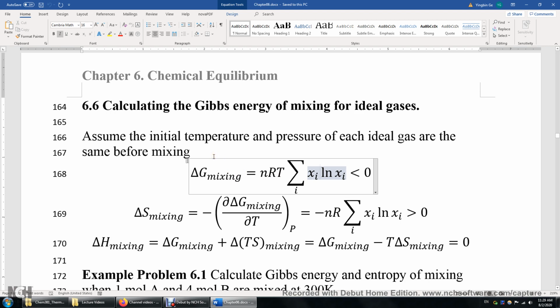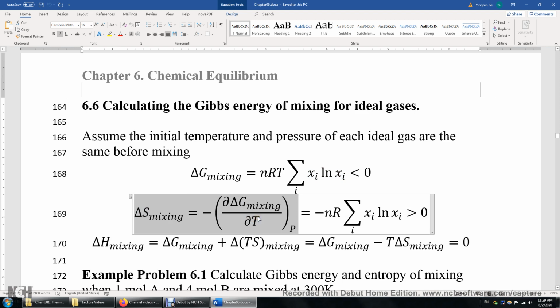How do we compute the entropy of mixing? Well, because dG equals negative SdT plus VdP, and then pressure is constant. So dG is equal to negative SdT. So delta G over delta T is negative entropy. So entropy is negative delta G over delta T. And now we simply use that equation.